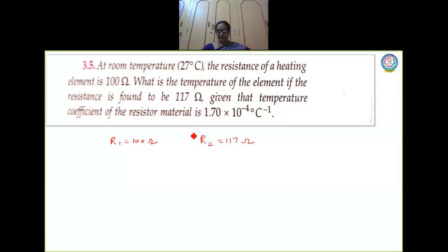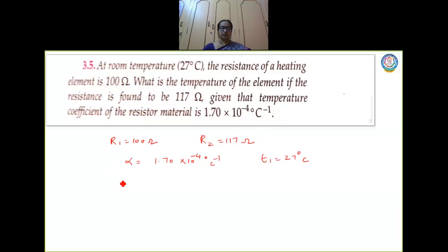Alpha is 1.7 into 10 power minus 4 per degree Celsius. The room temperature T1 is given as 27 degrees Celsius. You should find out T2, the temperature of the element when the resistance is 117.